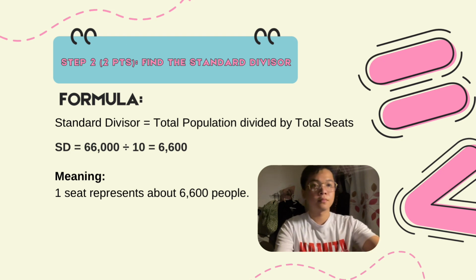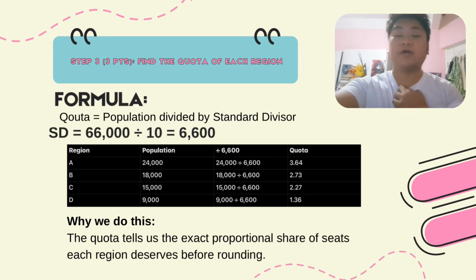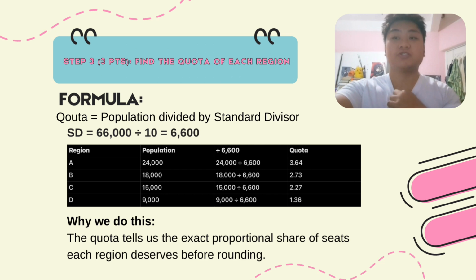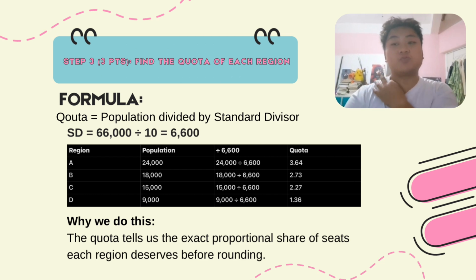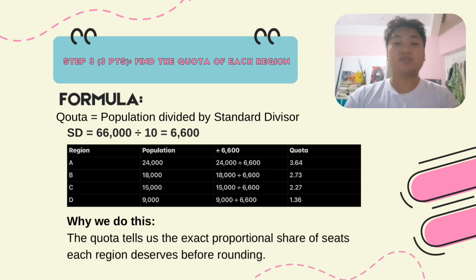Third step, we have to find the quota of each region. So we all know that the formula is quota equals population divided by standard divisor. So SD equals 66,000 divided by 10, which equals 6,600. Now for region A, the population is 24,000, so we divide it by 6,600, so the quota is 3.64.